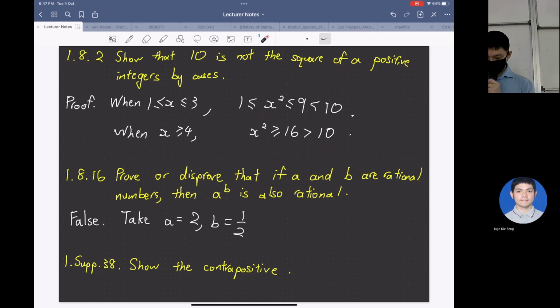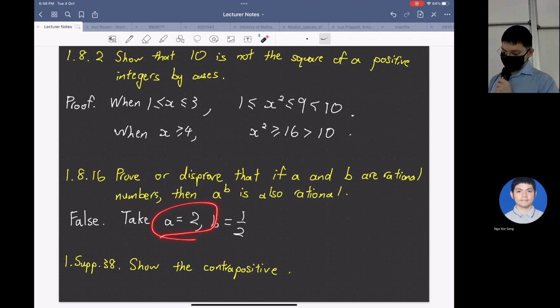Then the next one is to prove or disprove. The hardest part of this question is to decide whether it is true or false. Of course, by experience you can see it fast, but if not, you need to be a little bit creative. Actually, this is false.